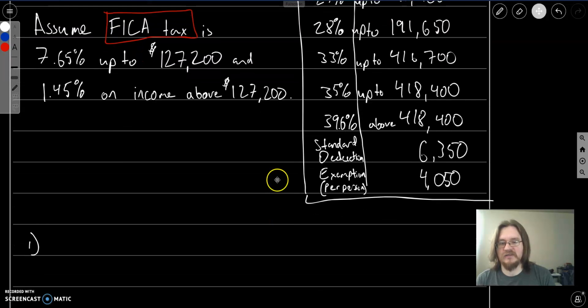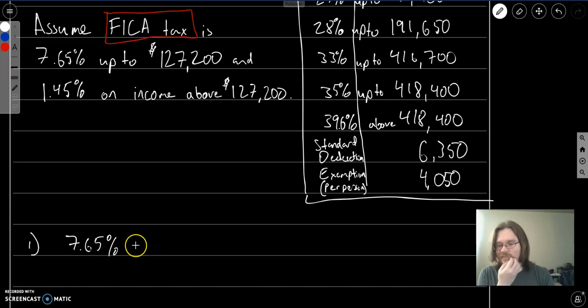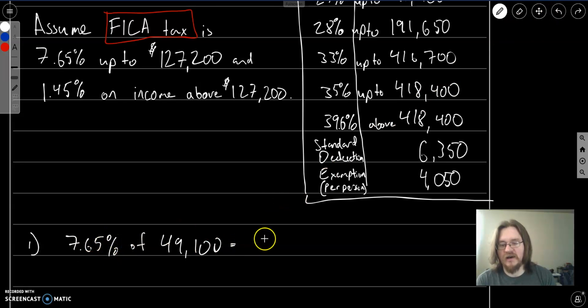So for the FICA tax, this is going to be pretty straightforward. We want to take 7.65% of 49,100, and whenever we see percent of, that means that we're going to multiply.